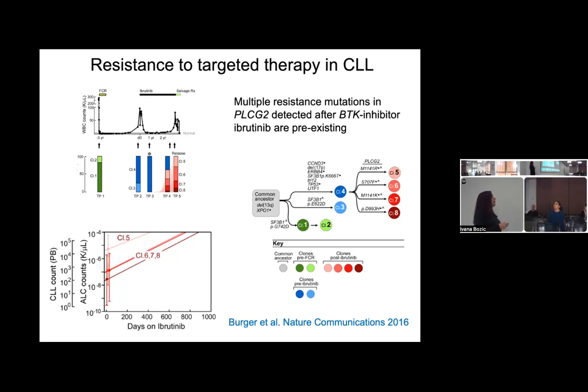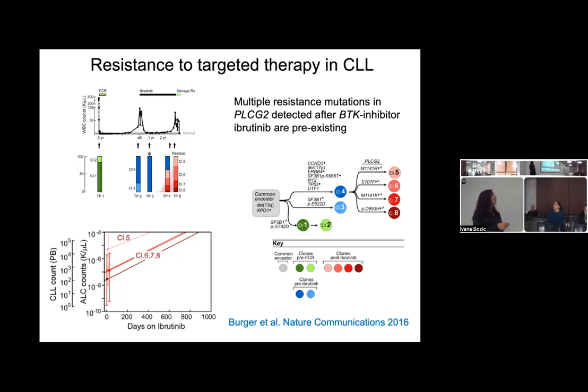But what we see once we sequence at multiple time points is that the original population that was blue was completely replaced by these 4 different resistance subclones that each have different point mutations in the same gene, PLCG2.